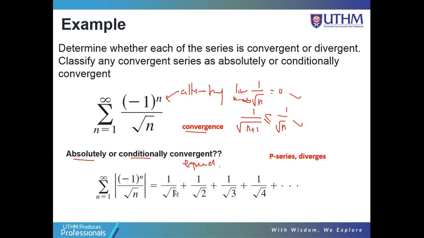Then we found this one is a p-series, so it equals 1 over n^p, where p is 1 over 2. 1 over 2 is less than 1, so this series is divergent. When the absolute series is divergent, this is conditionally convergent.